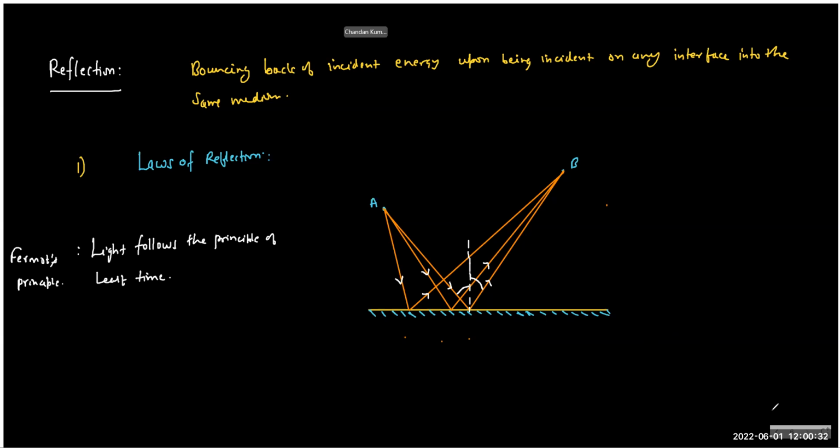So for example, if we have a plane mirror, and there are two points A and B, let's drop a perpendicular first of all.